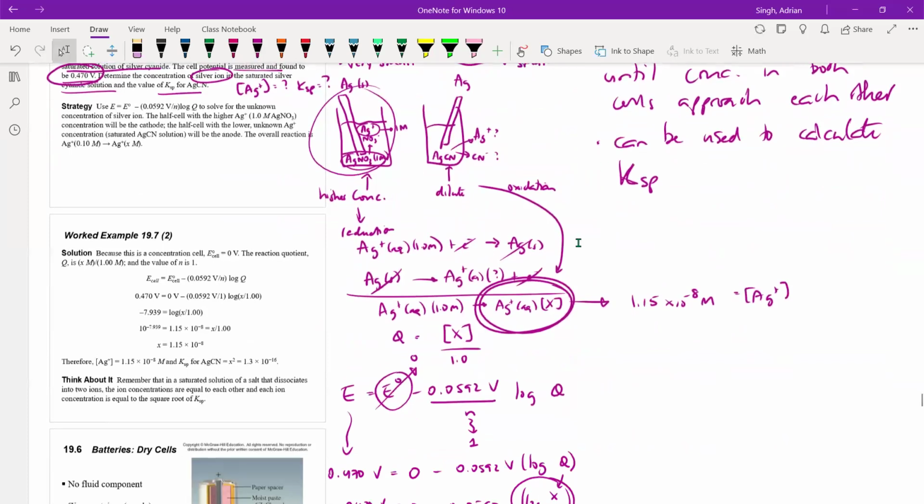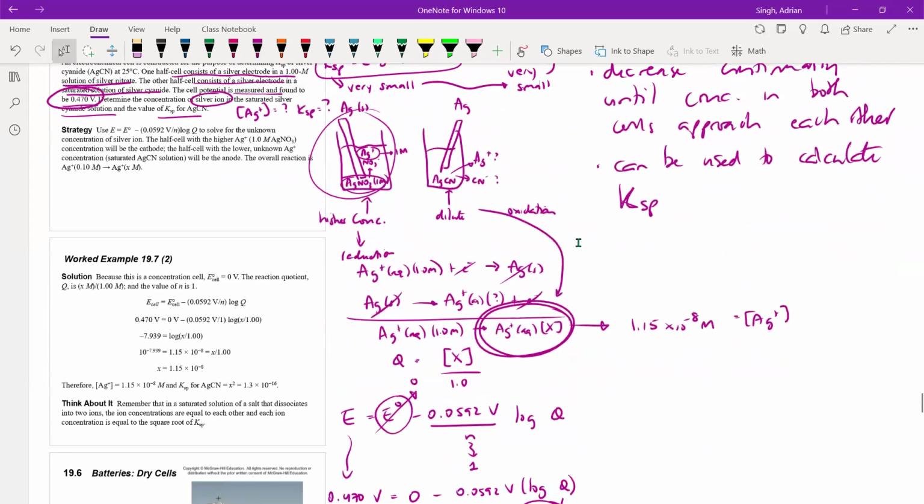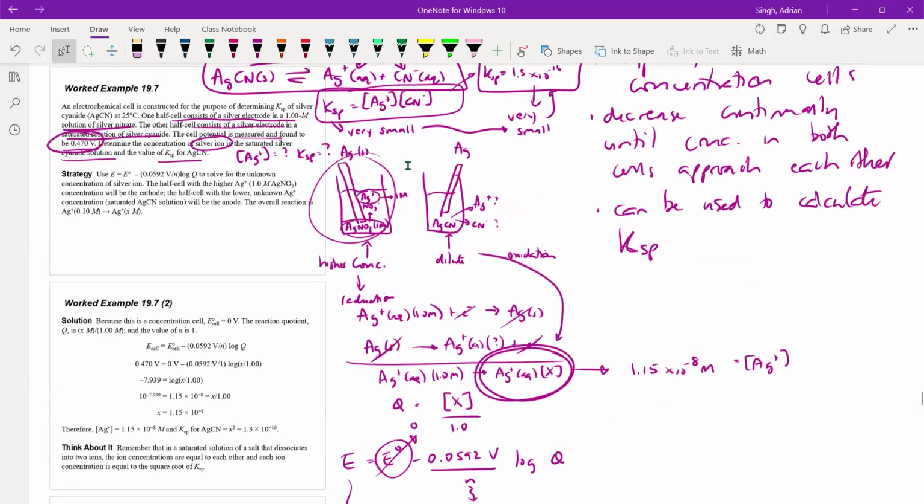Most of those values that we saw back in the earlier sections when we looked at KSP and solubility equilibria are really, really tiny values, right? They can be determined, they can be calculated using a very, very simple technique, as long as we know how to use the Nernst equation and as long as we know how to incorporate the reaction quotient into electrochemistry.